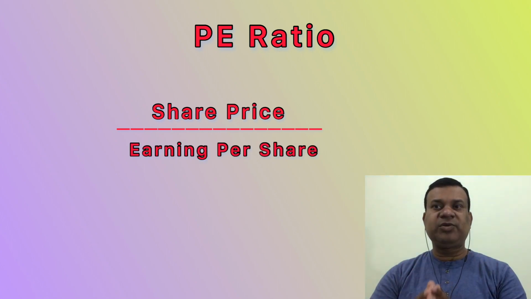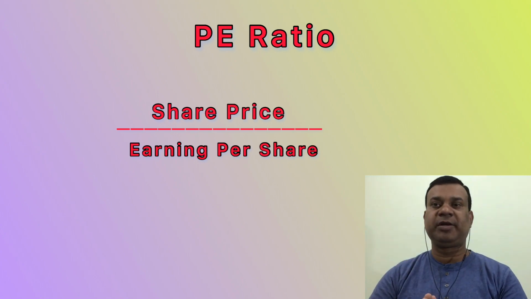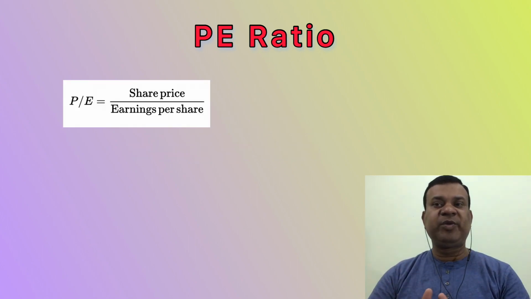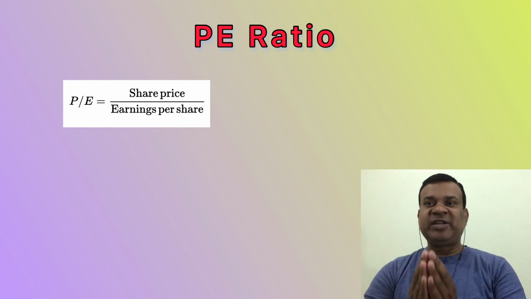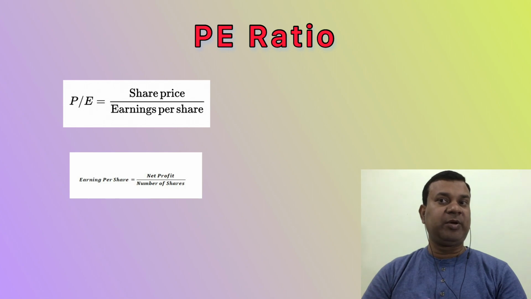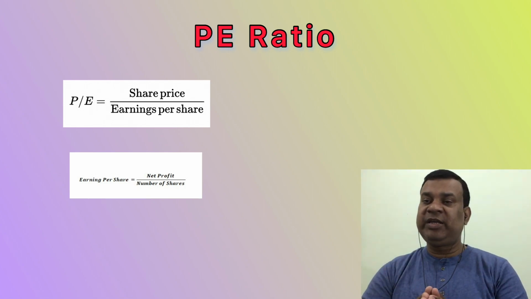Now let's try to understand how PE of a stock increases or decreases. In numerator, you can see the price of the stock, and in denominator, it is earning per share. Earning per share is calculated by dividing net profit by its number of shares. Now, net profit is calculated either quarterly or yearly.